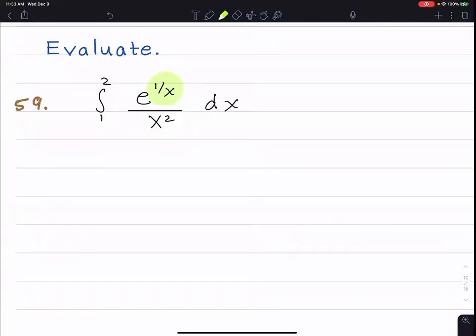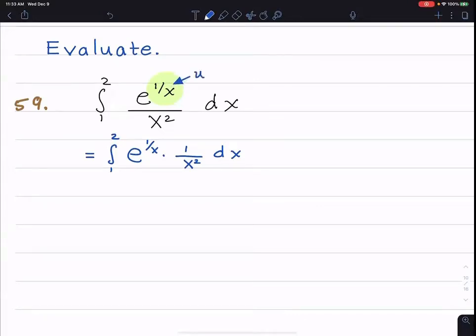Then you start investigating: is the derivative of 1 over x sitting around here somewhere? It's easier for me to see that if I break this up into the numerator times 1 over the denominator. All right, I know that this is going to be u.